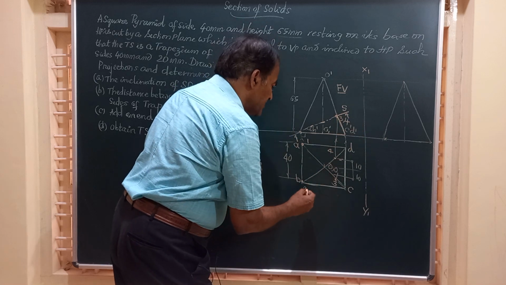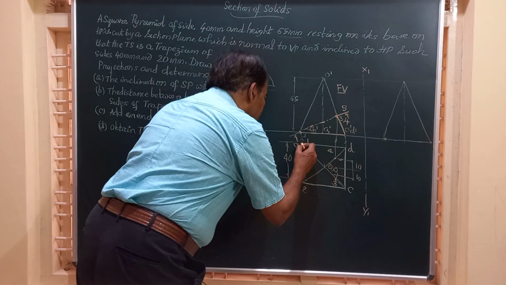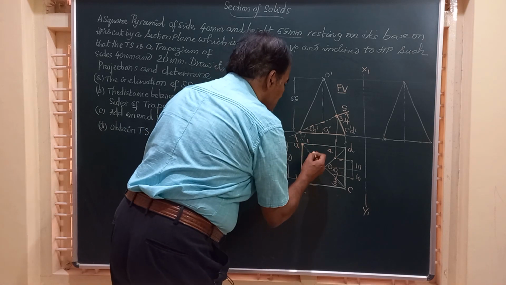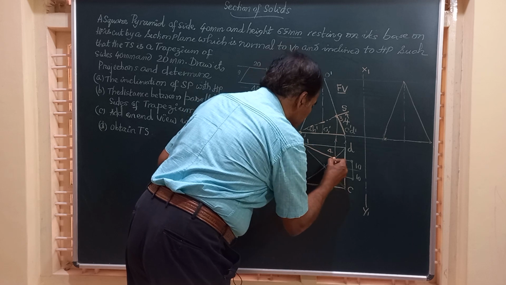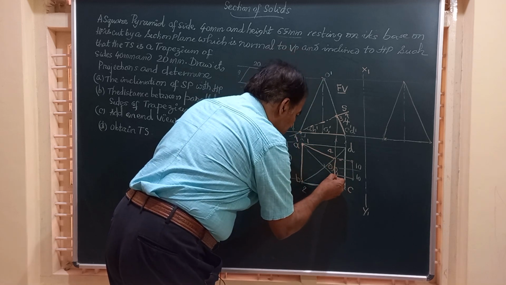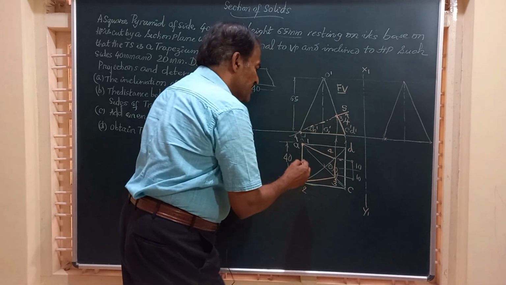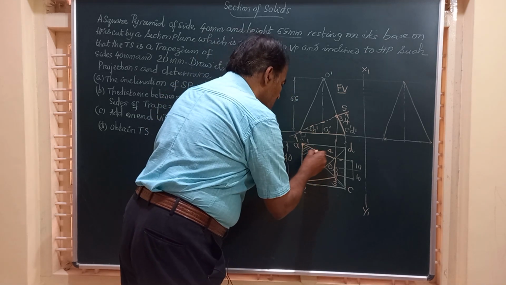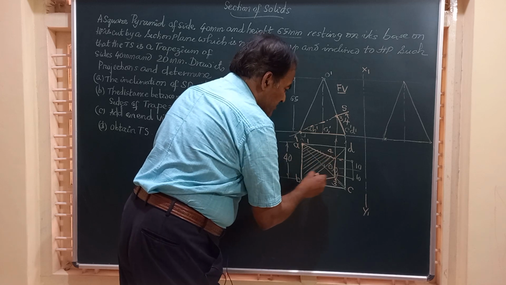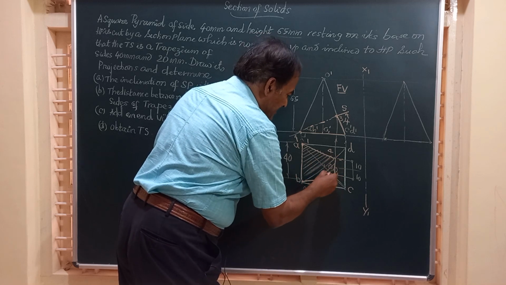And friends, here, join all those 4 points by straight lines. And friends, you are going to get the top view in section, which is called the sectional top view, like this.